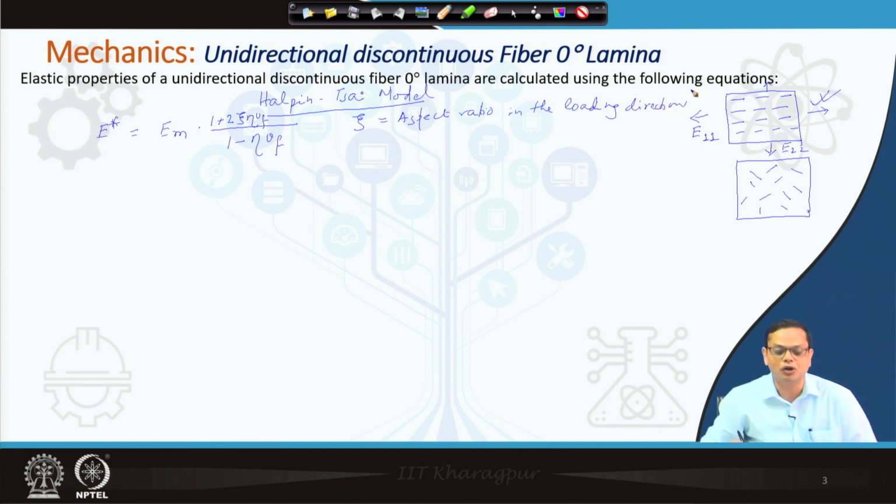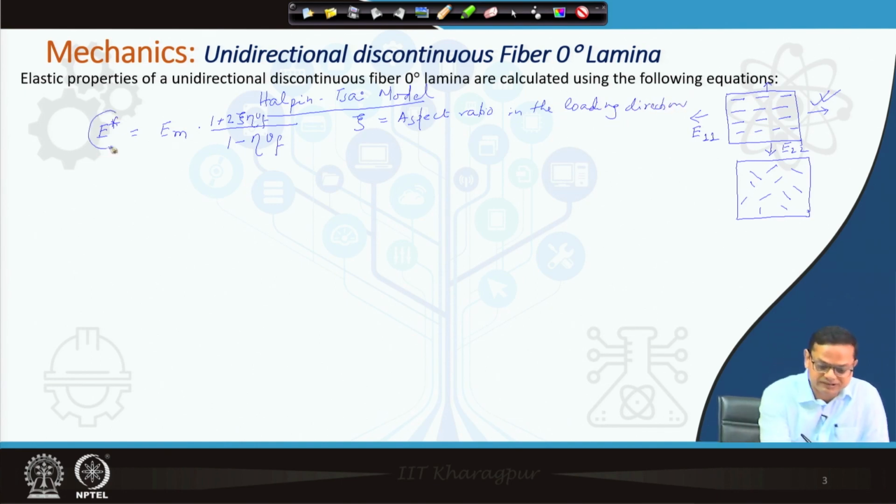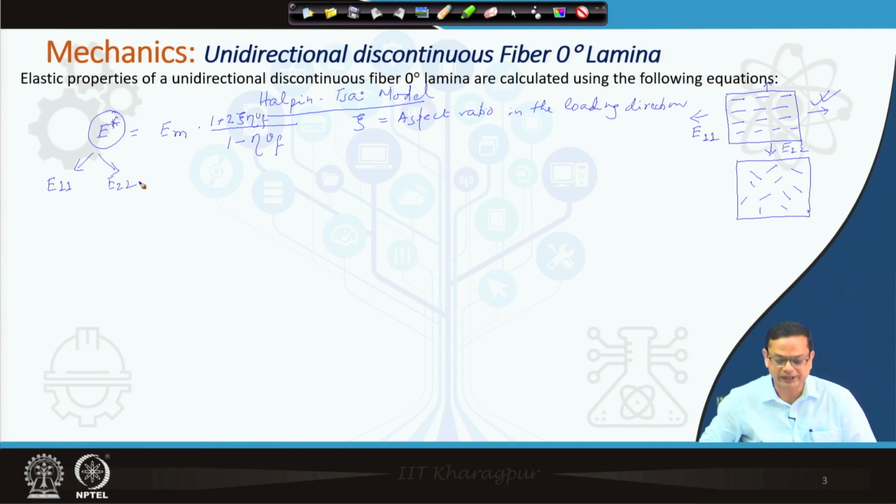From E star you can calculate E11 or E22. Now, this xi value and eta value will change with the change in loading direction.